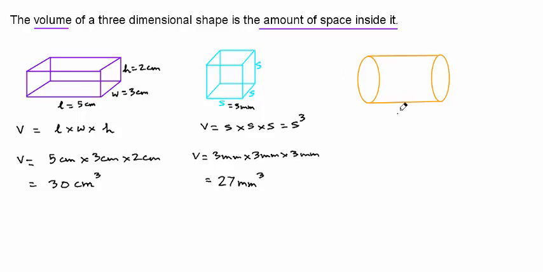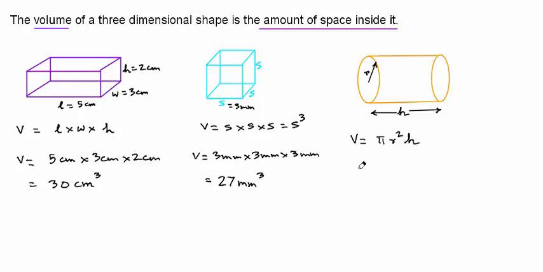If the length or the height of the cylinder is denoted by the letter H, that's the distance between the two circular ends, and if each of the two identical circles in the end have a radius of R, the volume of the cylinder is given as the area of each circle, that is pi times R squared, multiplied with the length or the height of the cylinder, which is H. So the volume is pi R squared H.